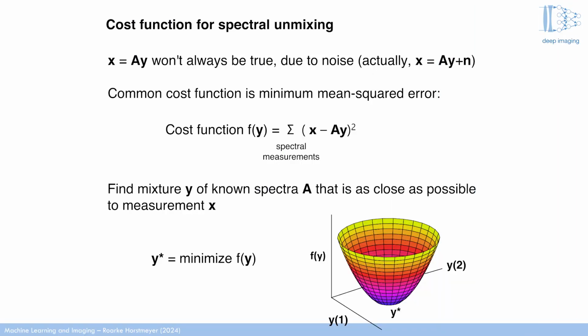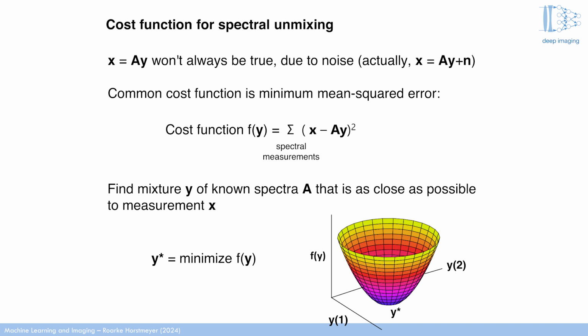A picture of that mathematically is really hard to obtain in higher dimensions, but in lower dimensions, you can draw this cost function. It's just a paraboloid, a squared difference. Evaluating the cost function means you're at some point in this space, and that point lies on the paraboloid somewhere.